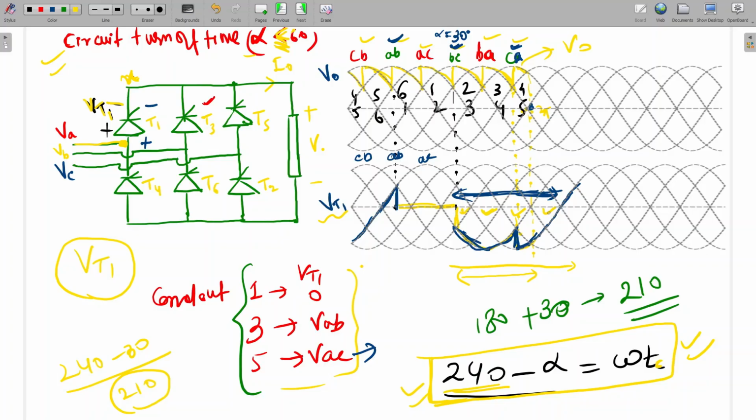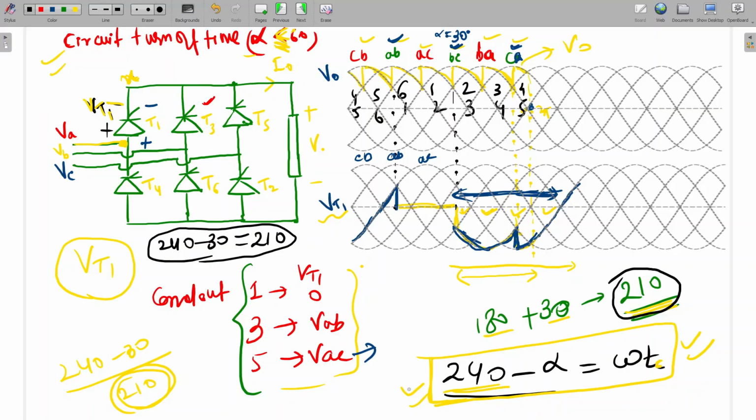So 60, 60, 60, that is 180 plus 30, this is 210. So we can write 210 as 240 minus alpha, 240 minus 30 equals 210. So here we are getting the circuit turn-off time as 210.